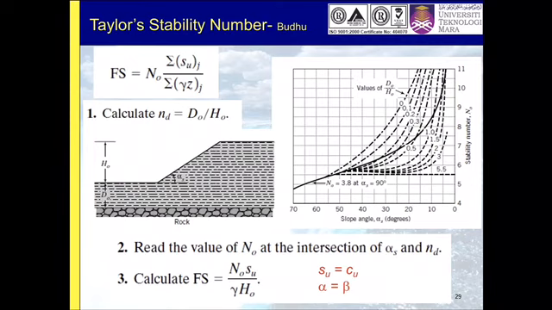D naught is the thickness of the slope layer below the inclined section. So the equation is a little bit different. The factor of safety is N naught times Su. Su is Cu over gamma H naught. So H naught is the height of the inclined section, and D naught is the thickness below the inclined section of the slope.